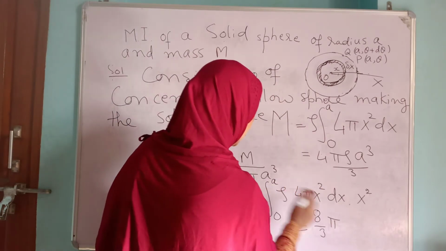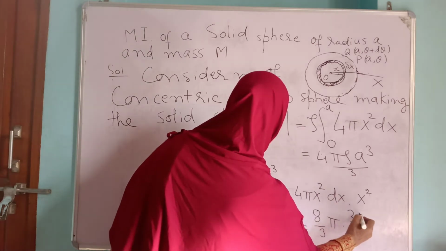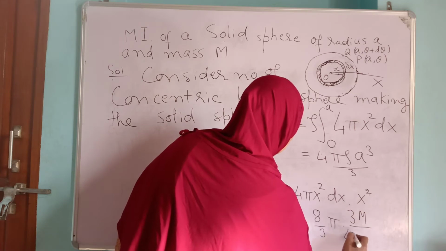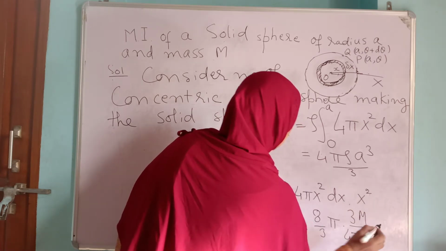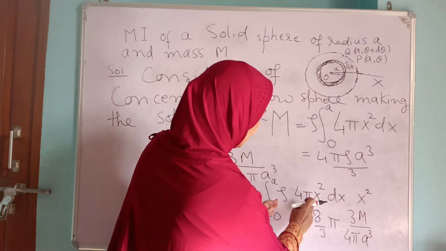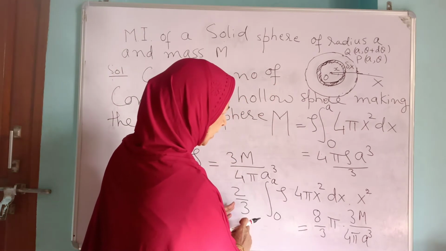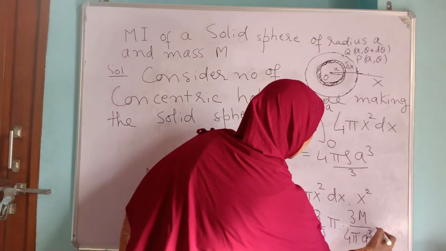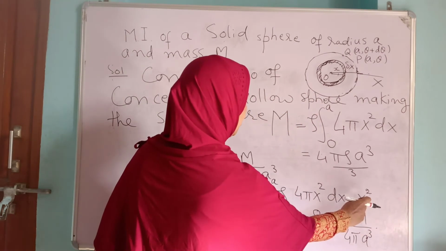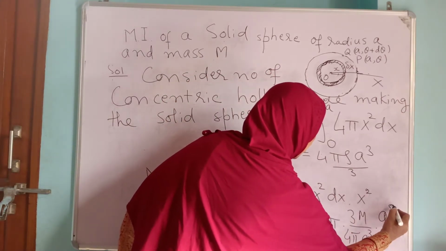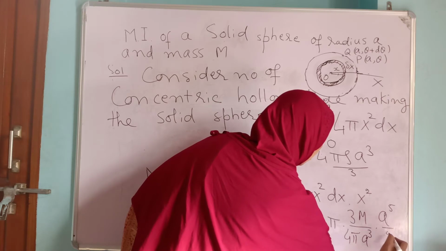Now for rho I will put 3m divided by 4 pi a cube, and then the integral of x to the power 4 dx, which will contribute a to the power 5 divided by 5.